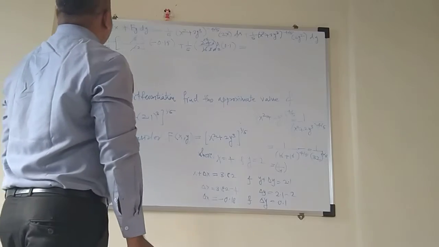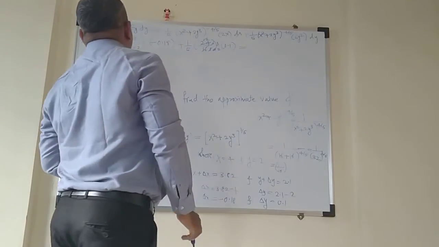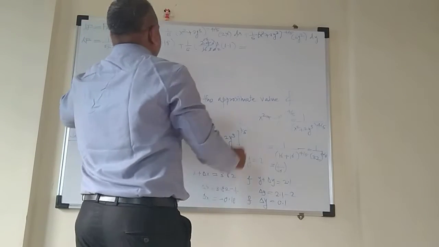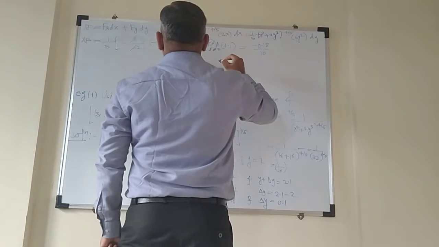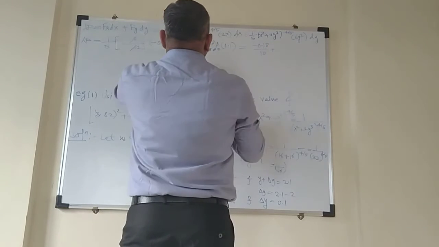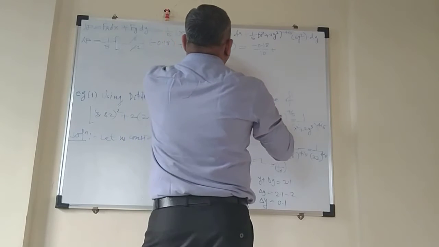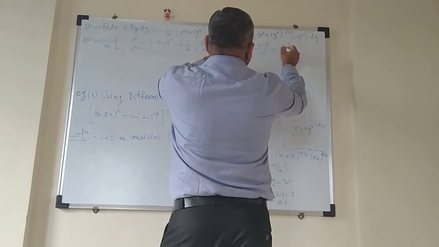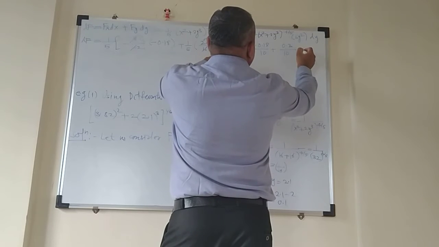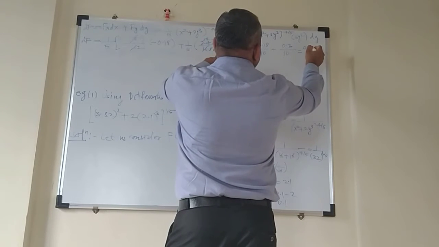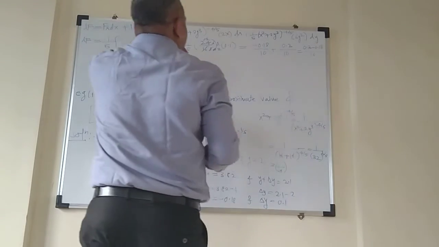Fine. And if you write in a more simplified manner, this is 1 by 10, that means minus 0.18 by 10 plus, this will also give you 10 at the denominator, and at the numerator you will get 0.3, so 0.3 by 10, and this will be equals to (0.3 minus 0.18) by 10, isn't it?